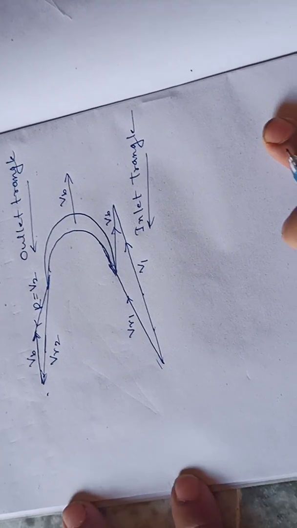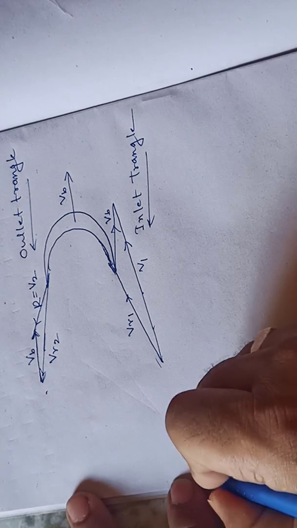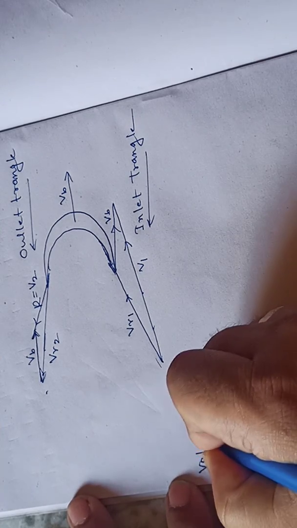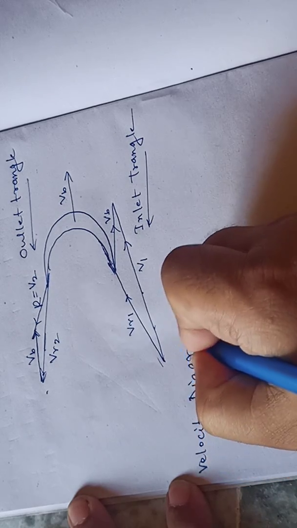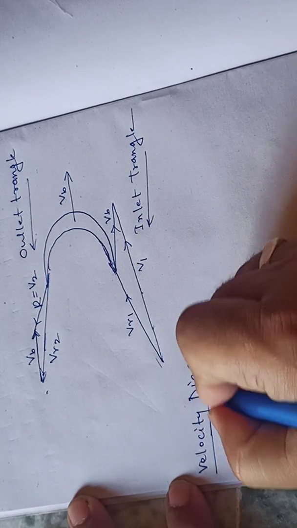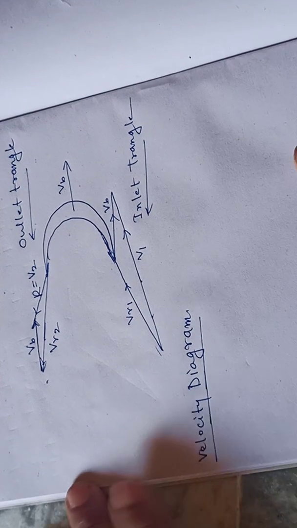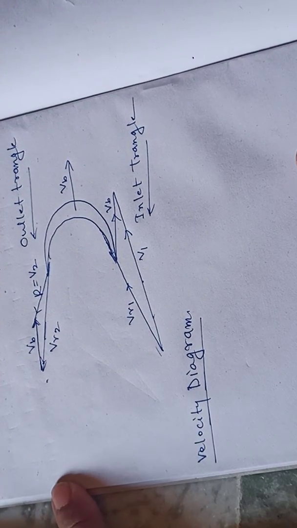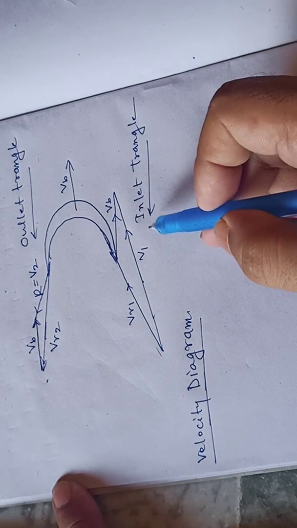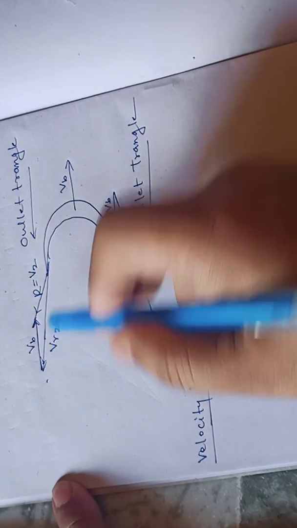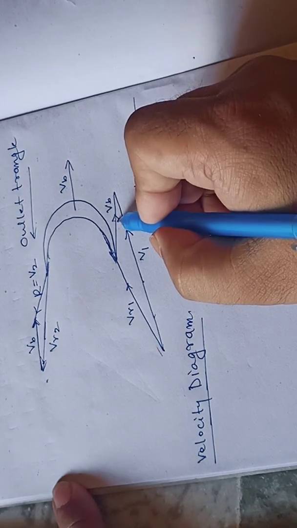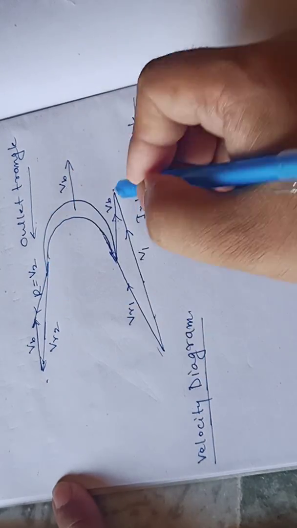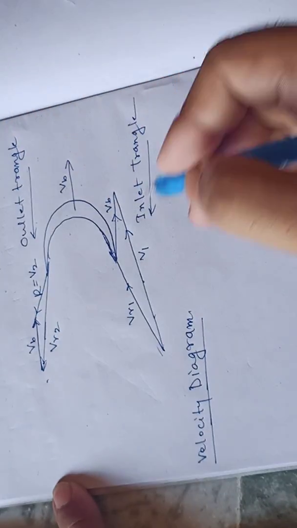Now produce the velocity diagram. As you know, the inlet and outlet triangles have the same velocity, which is VB. You can see VB here, and in the outlet triangle, VB is also present here.